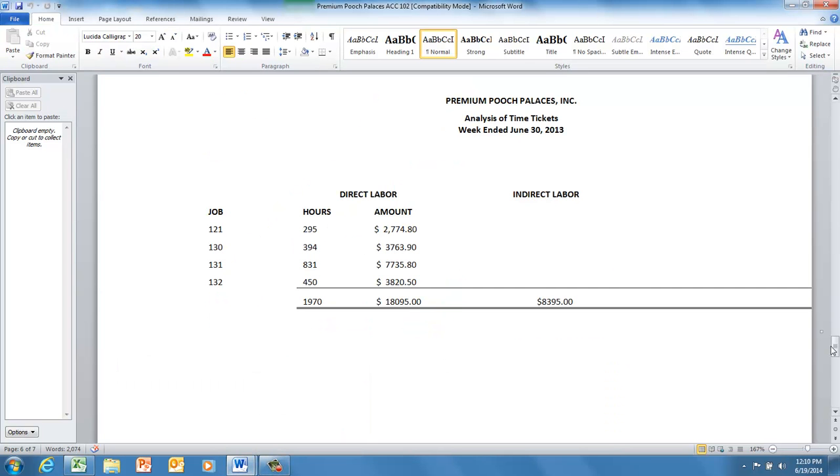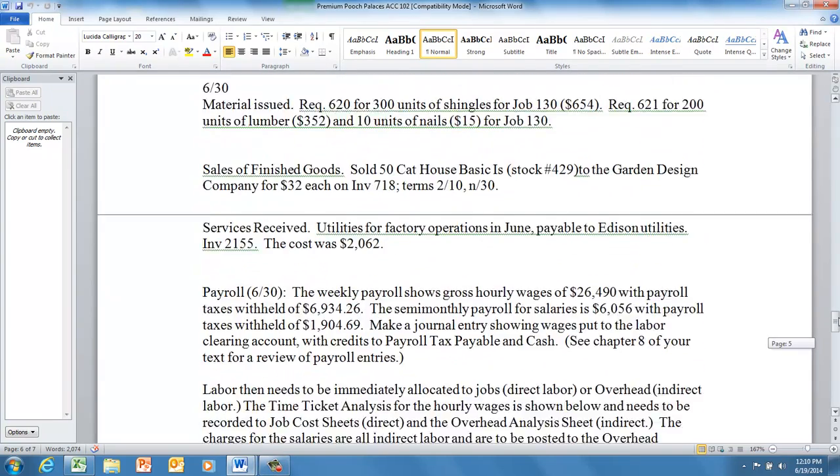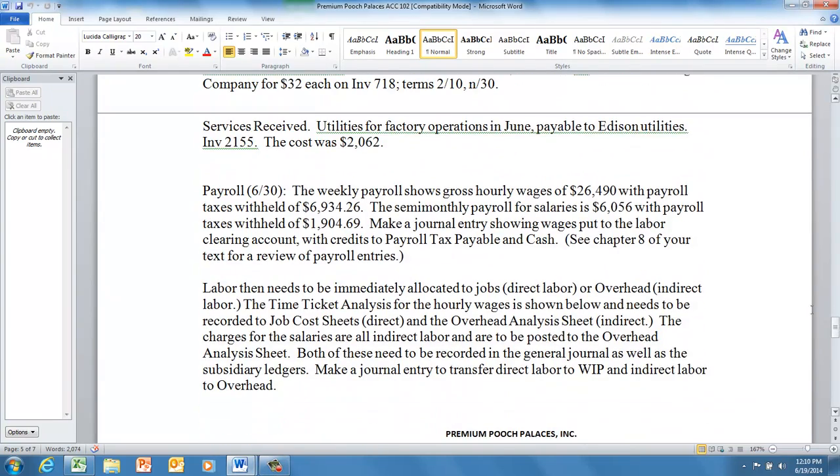So here we have 2 entries. We have the hourly wages of $26,490. So you're going to debit labor and credit payroll taxes and credit cash for the net pay.